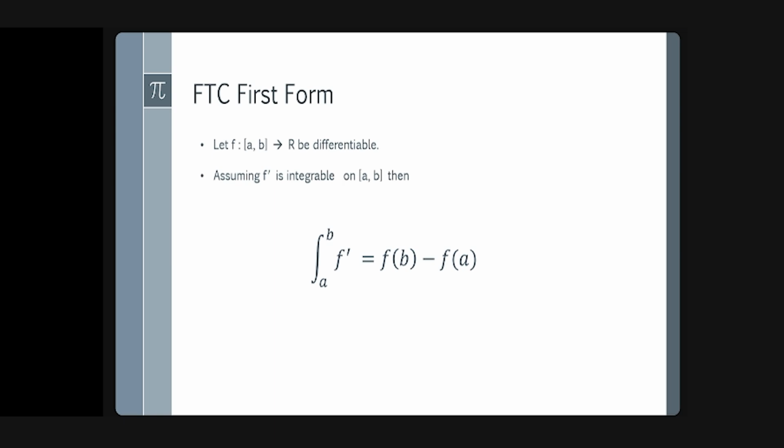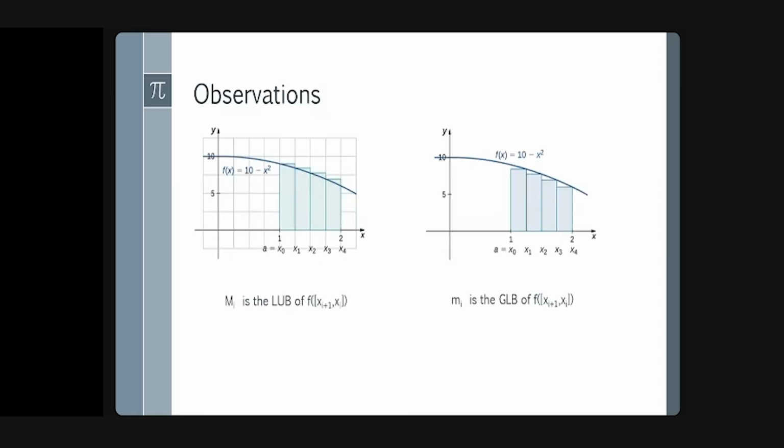Now let's make some observations from our previously learned things, and then come and make a rigorous proof. So when we defined our upper and lower sums, we saw that capital Mi is the LUB of the images of the ith interval under F, and similarly small mi is the GLB. Now I want to ask, is there any connection between capital Mi, small mi, and F dash c?